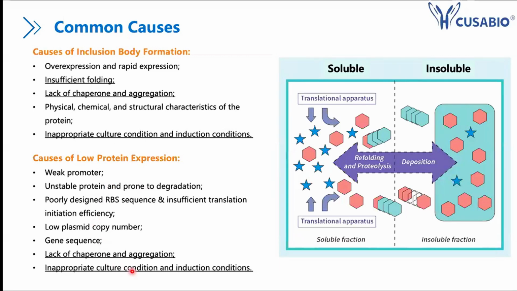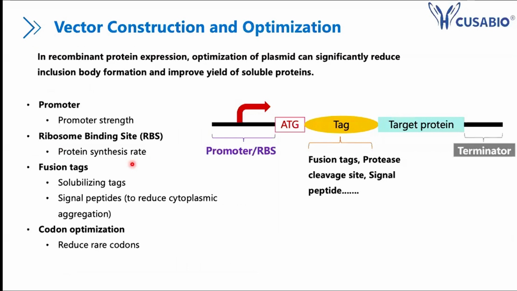Also the culture and induction conditions are very common causes for inclusion body formation, and pretty common causes of low protein expression. So the optimization of protein expression will mainly focus on strategies to optimize the vector.